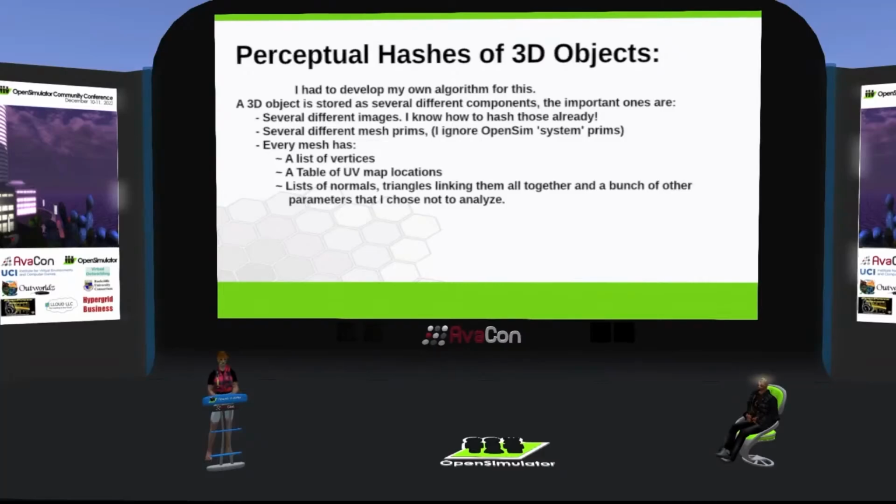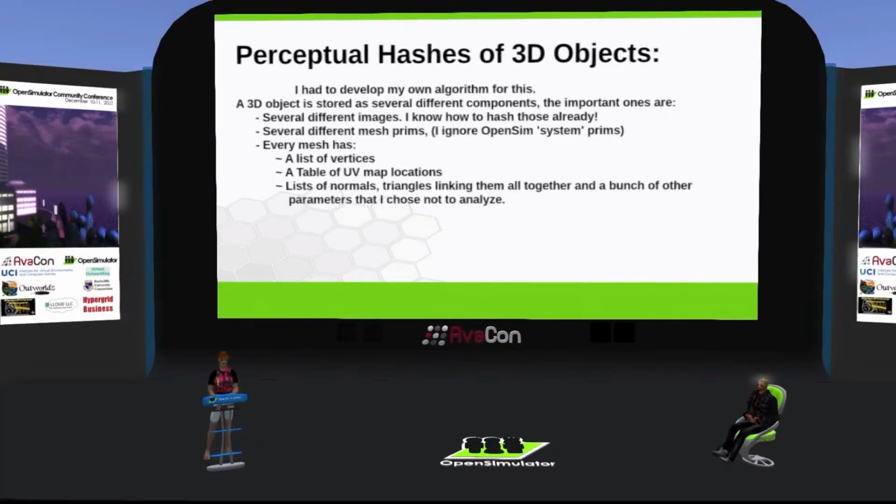So what does a 3D object have that you might be able to generate a perceptual hash from? Well, it has several different images, and hey, I already know how to hash those, so we're in good shape. It has several different mesh prims built into it. I don't bother to hash the system prims like the cube and sphere, because they're part of the system, and I don't need to copyright those. Maybe their locations, but not those prims themselves.